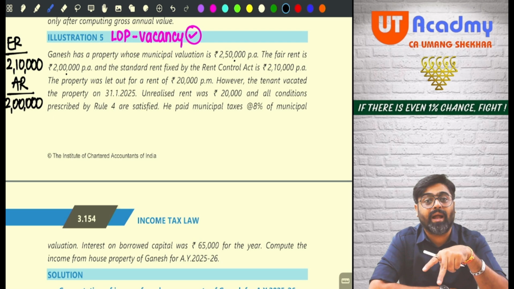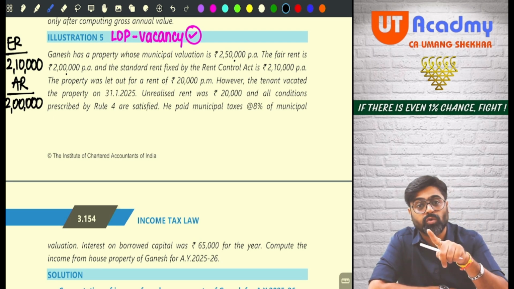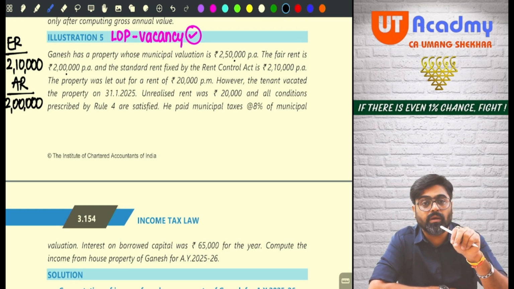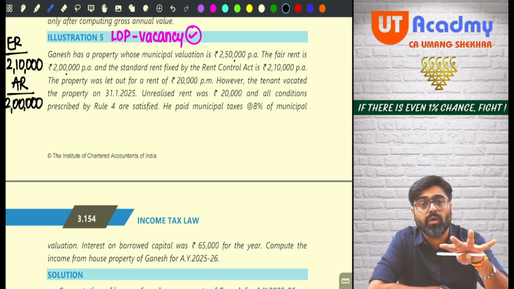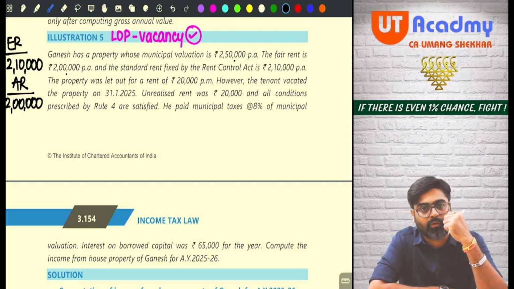So I will have to add 2 months vacancy rent in the actual rent to check that. How much rent would I have received for those 2 vacancy months at the rate of 20,000? I would have received 40,000. That 40,000 plus this 2 lakhs will give me 2 lakh 40.